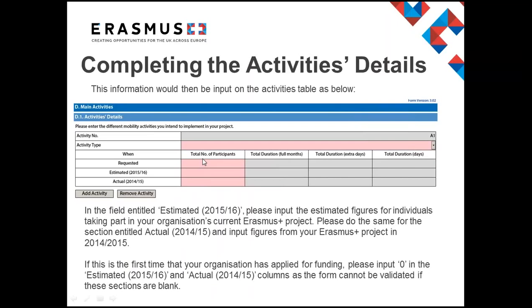So in that first column, you would insert the total number of participants. So in our case, we would have put 85 students in the total number of participants requested. In the total duration of full months, we would write 630 months, and then in the extra days, we would write 15.